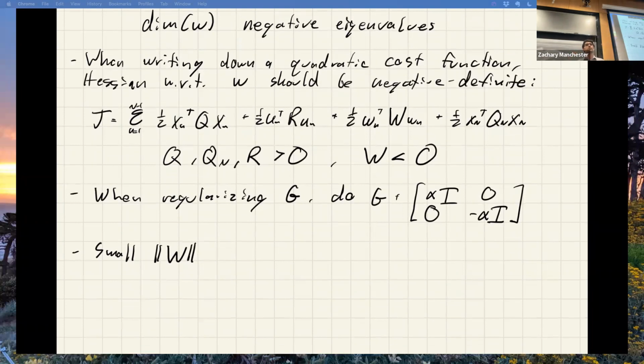Think about it as the cost on control inputs for player W. If that Hessian for player W, big W, has small norm, it means it's not expensive for player W to exert large actions.